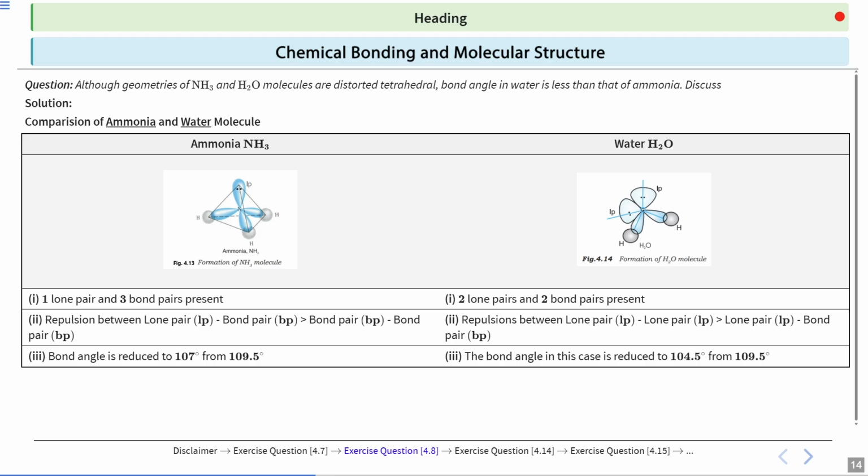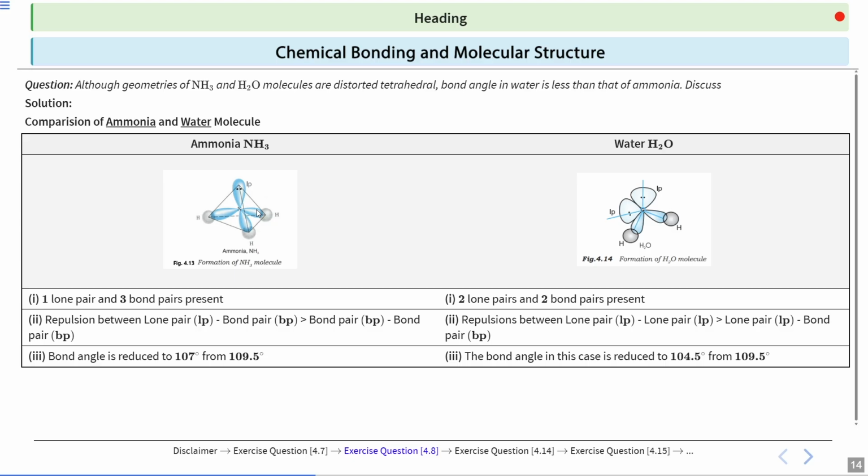Okay. Now in case of ammonia, it is seen that the angle is reduced from 109.5 degrees, which is the case for ideal tetrahedral, to an angle of 107 degrees. Similarly, here also in water, the angle is changed from the ideal case to 104.5 degrees. What is the reason behind it? Because in the case of water and ammonia, we are seeing the introduction of lone pairs.